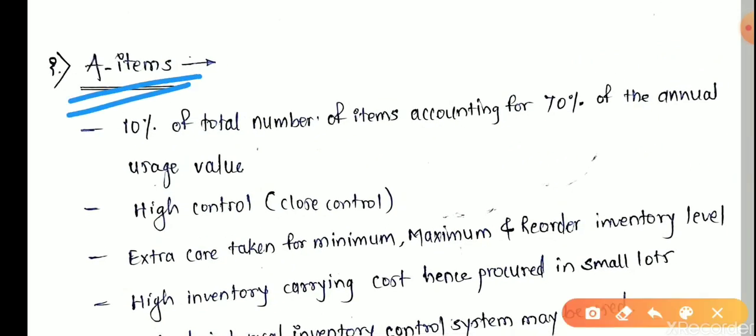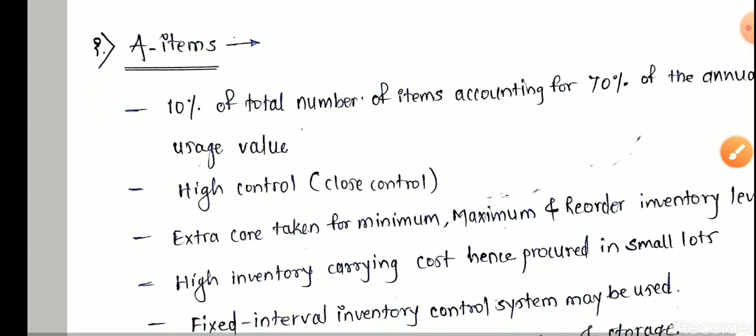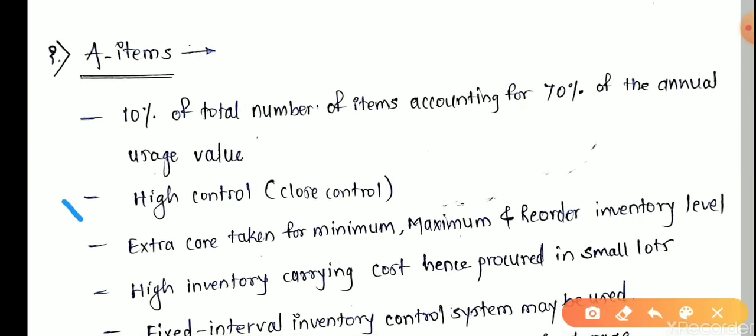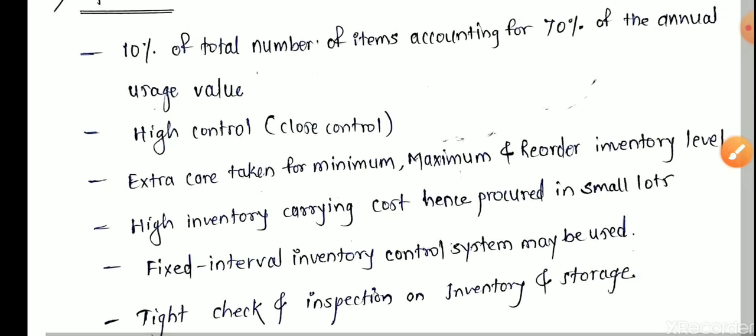These items are classified as A items. Now the second line: it requires high control. What does high control mean? We are going to take more effort on these inventories, items which are very few in number but spend more money or more value.